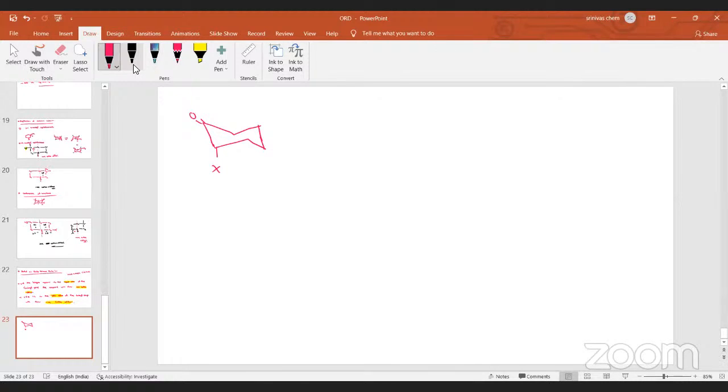Viewing from this side, the halogen is on the right side of the keto group, or carbonyl group. So a halogen on the right side of the carbonyl group will show a positive Cotton effect.